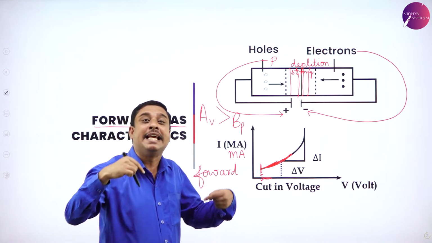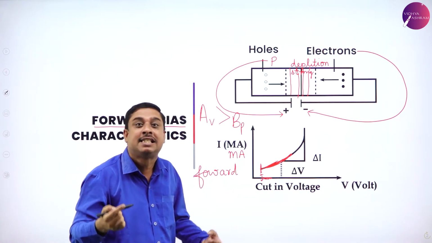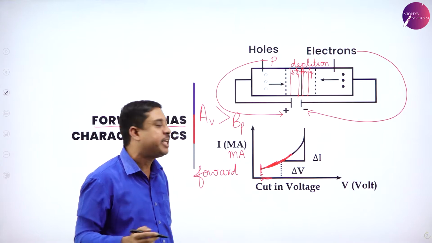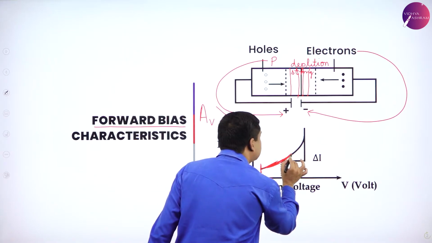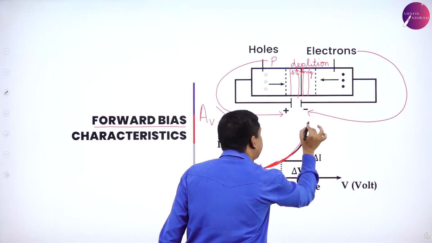And for any other bias voltage greater than the barrier potential, there is a sharp increase in current.